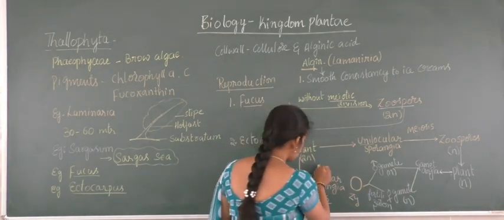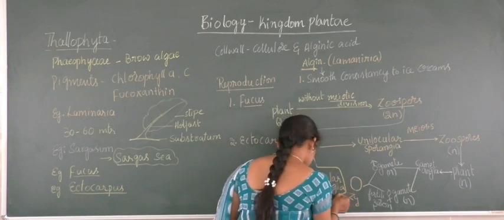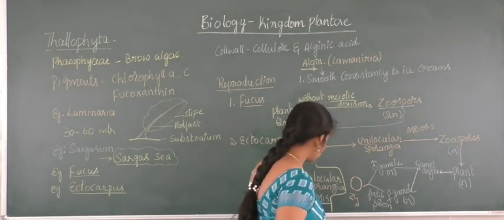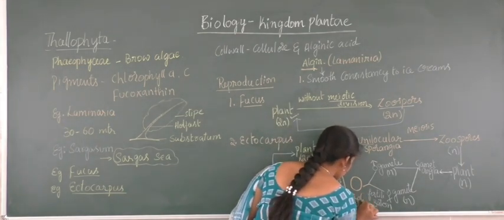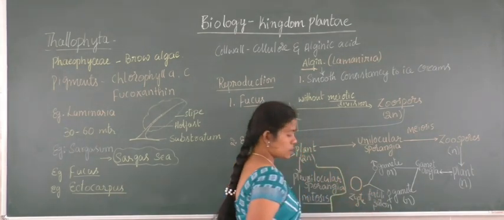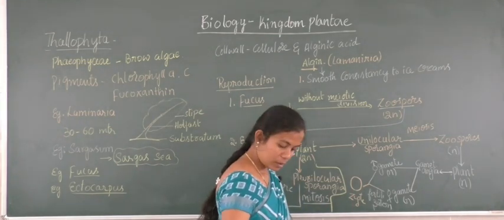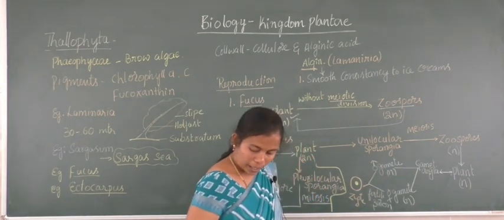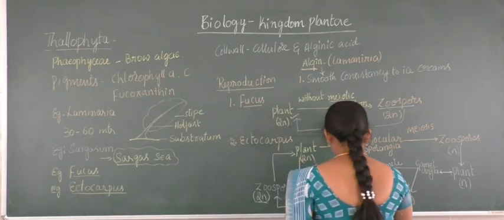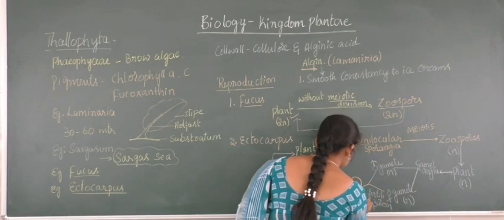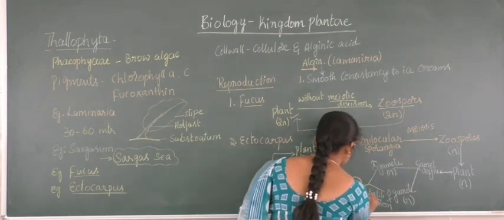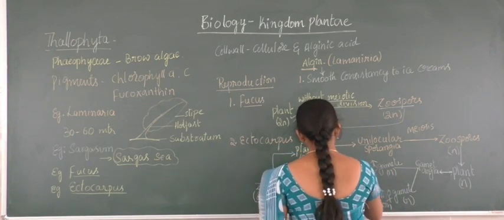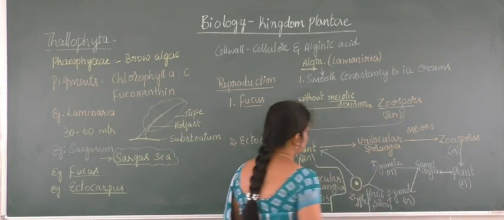I will mark this with a yellow colored structure. Remember, I have to show the plant body here. So this is a zygote developed by the fusion process. Understood regarding this? This is the zygote formed, and later this zygote will develop into a new plant body with a 2n condition.